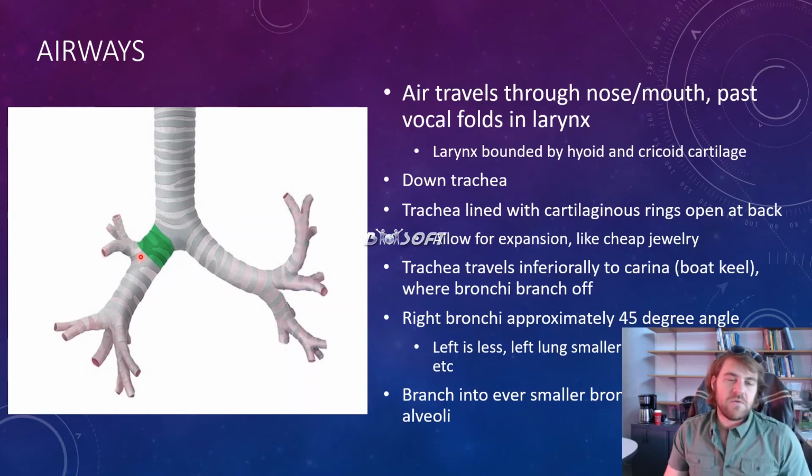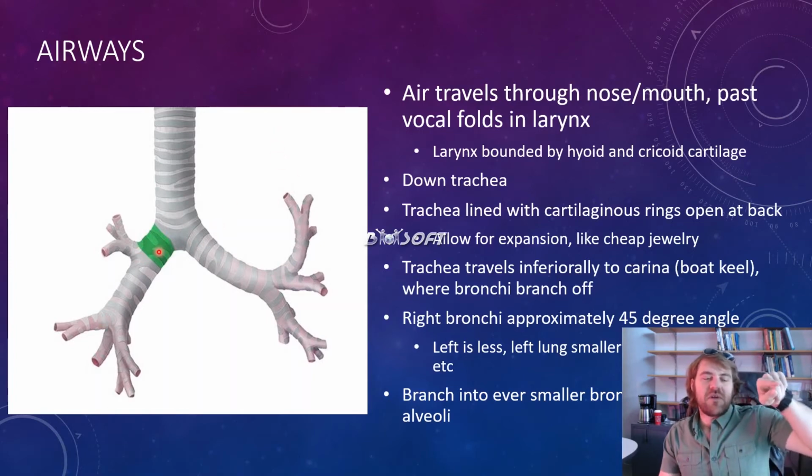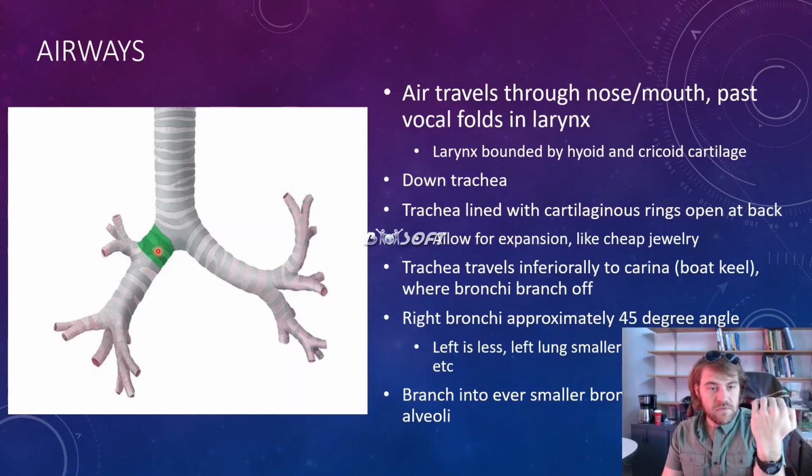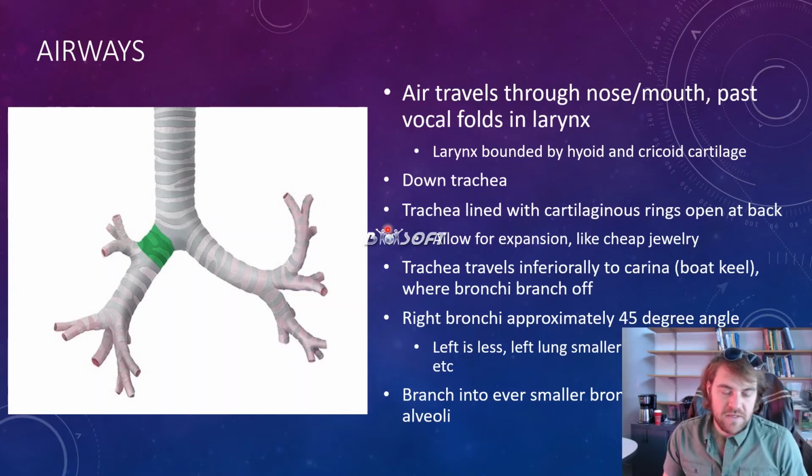So if you're looking at this, this is kind of shaped like a person looking at you. So the left is over here, even though it's on your right side. And so what you see is that this right side, which is on your left, branches off at a 45-degree angle, and this side over here, the left side, even though it's on your right, has a different angle.